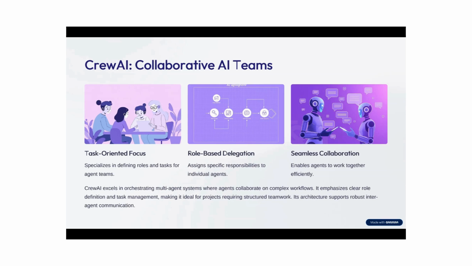So first is how you define a role, how based on those roles the tasks get executed, and while those tasks are being executed, how they efficiently collaborate with other AI agents to complete a specific business functionality. That is what we mostly talk about in agentic AI platforms.